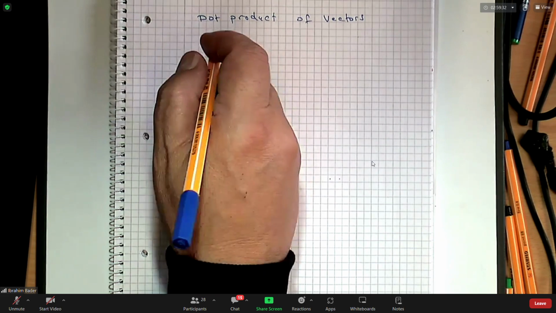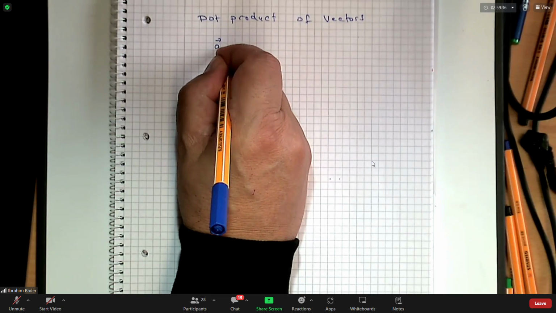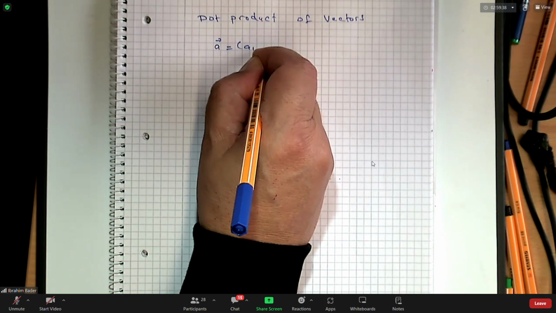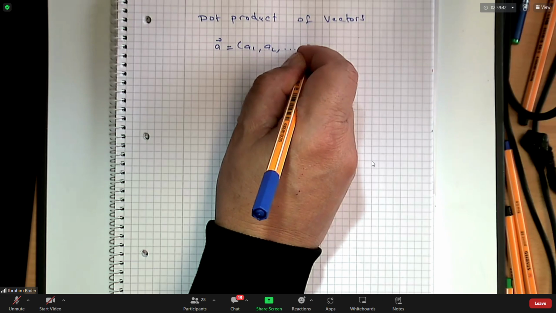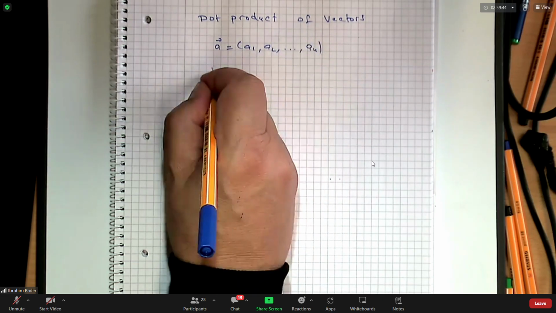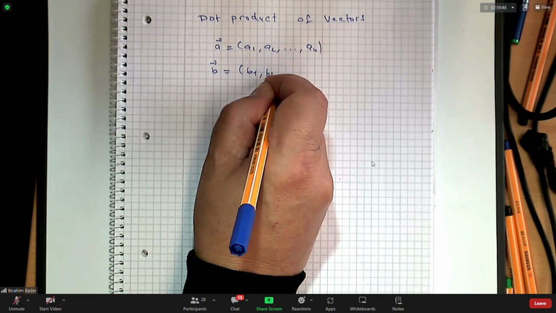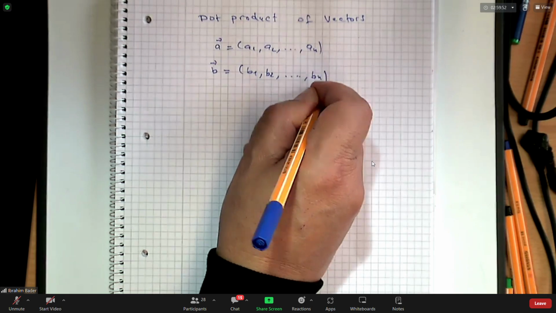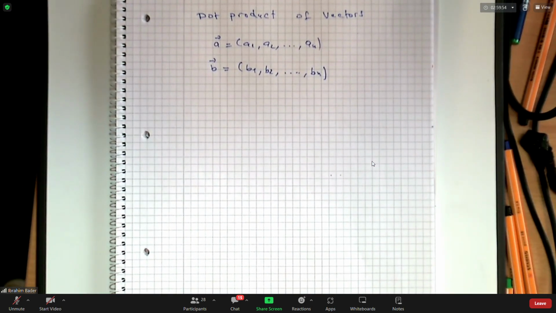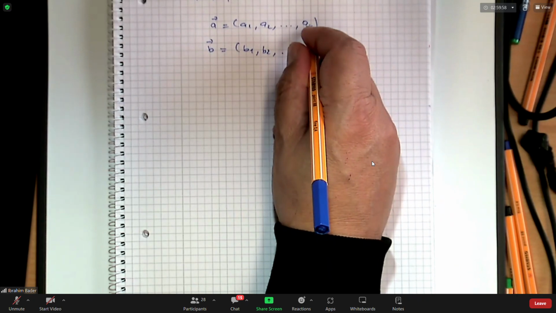Now it doesn't make any difference if you like it actually, vector A. Of course, here it doesn't make any sense to talk about dot product of different dimensions. So here they have the same dimension.